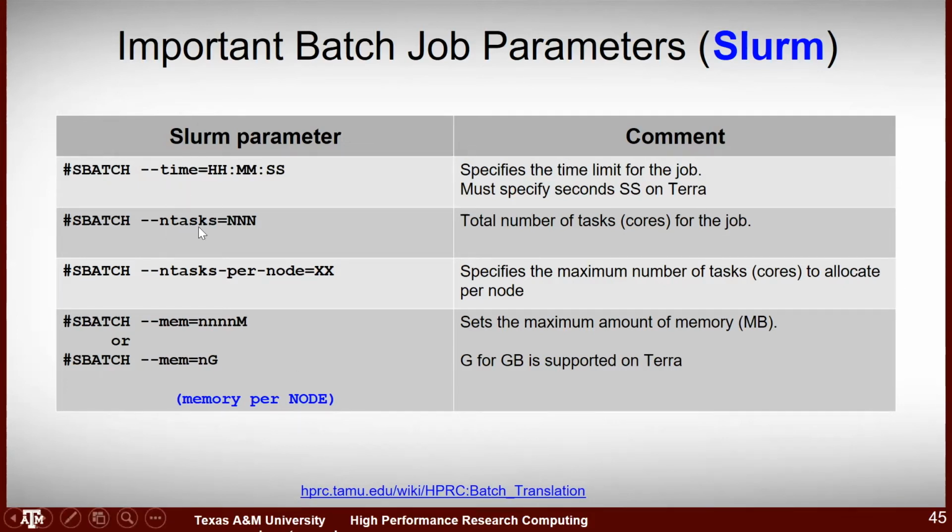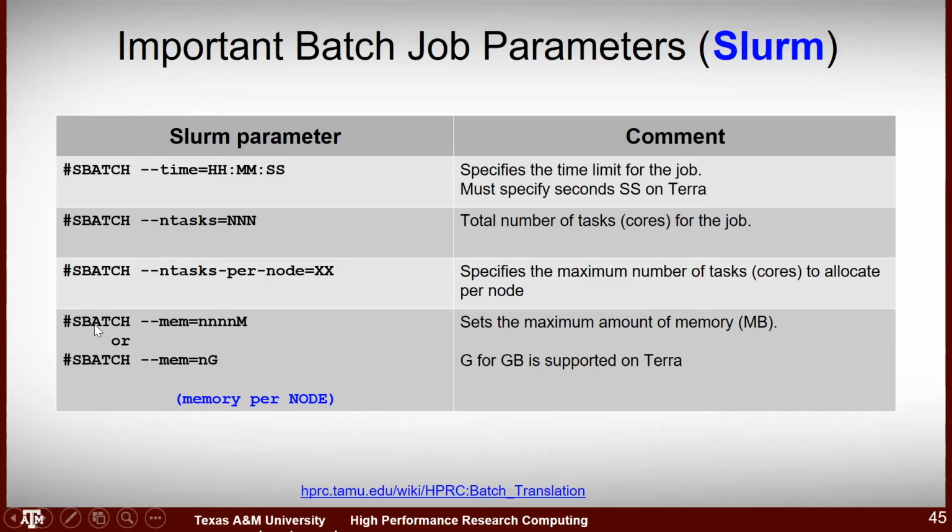If you requested 96 cores using the n tasks, but you want them to be on 2 48 core nodes, then you would write n tasks per node equals 48, saying, I want to have a number of nodes that each have 48 cores. And hopefully it's a multiple of this one, otherwise Slurm might get confused. So this one is total and this one is per node. Some of the values are like that.